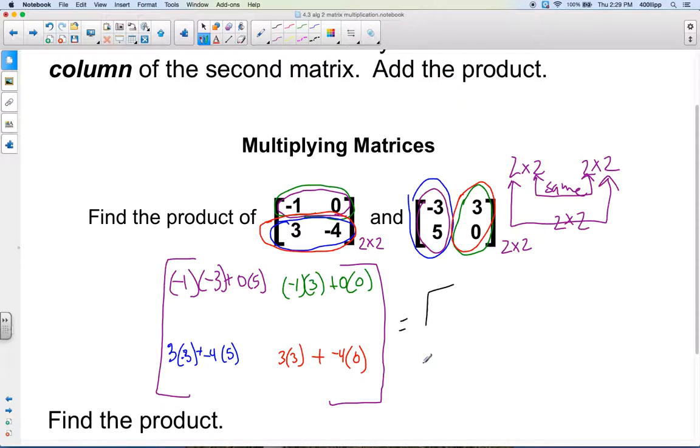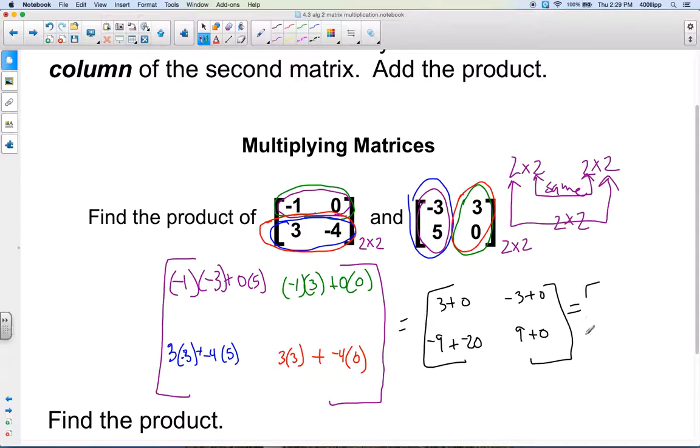So now we will have -1 times -3. That's a 3 plus 0. This is going to be a -3 plus 0. This one is a -9 plus a -20. And this one is a 9 plus 0.